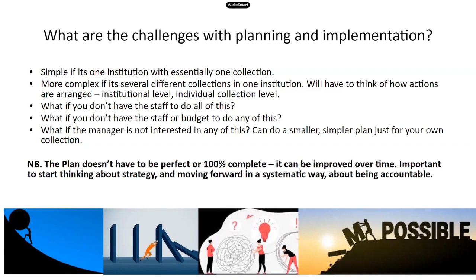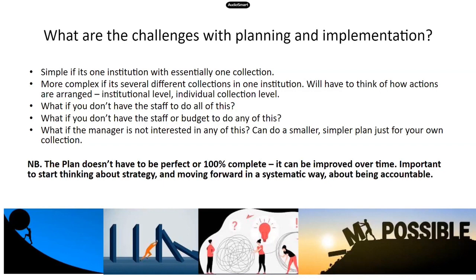It becomes more complex if it's several different collections in one institution and they've each got different staff and you've got to try and put all of the information together in one plan. So you have to think about how your actions are arranged. You might have some actions that are at an institutional level and some actions that are at an individual collection level. So it can be a bit more complicated.